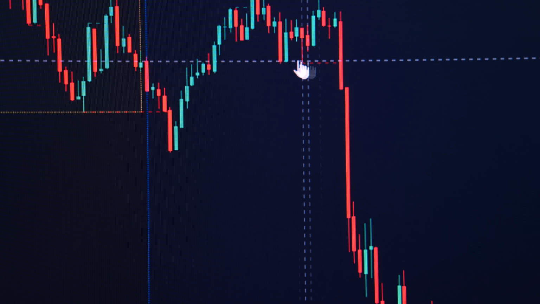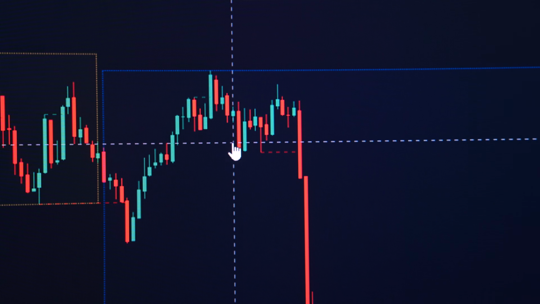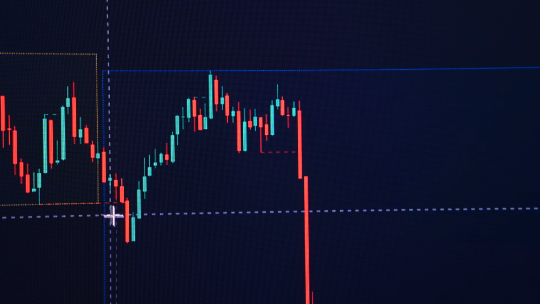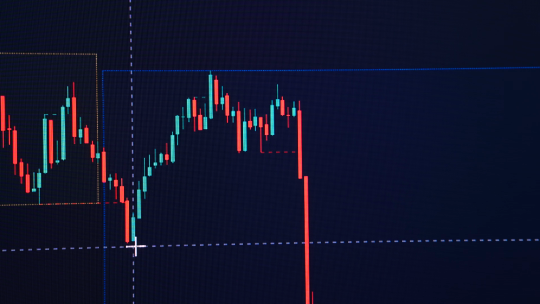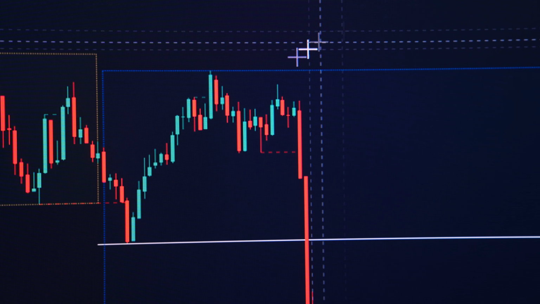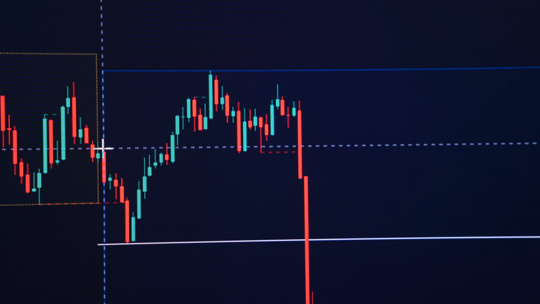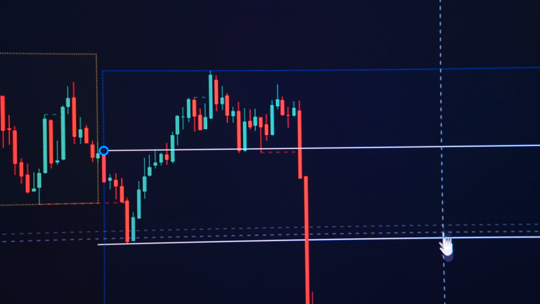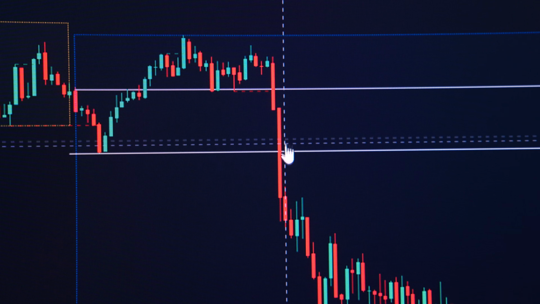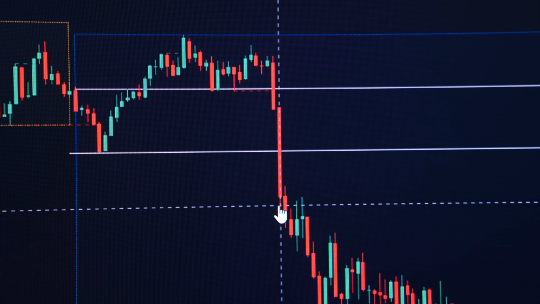Okay, so let's show you guys another example. Again, you're gonna mark out your high and your low in the first 30 minutes. So this is gonna be the orb low here, and this right here is gonna be your orb high. Now you might have missed out on this trade, because you see this long candle right here.